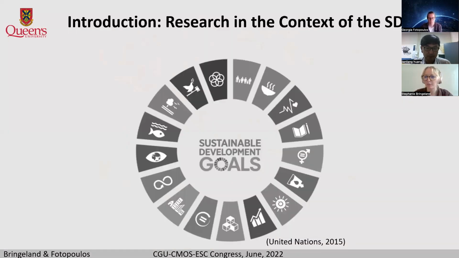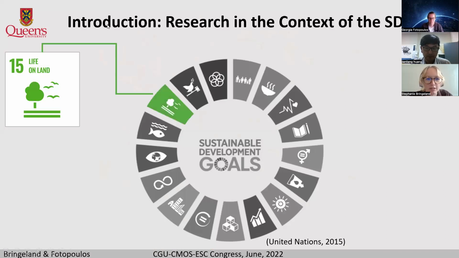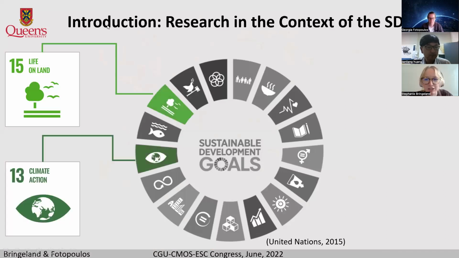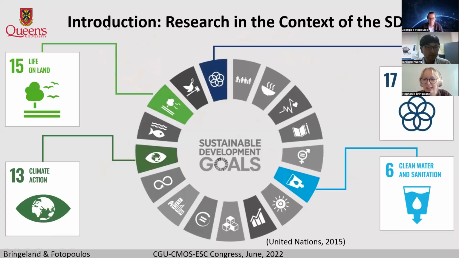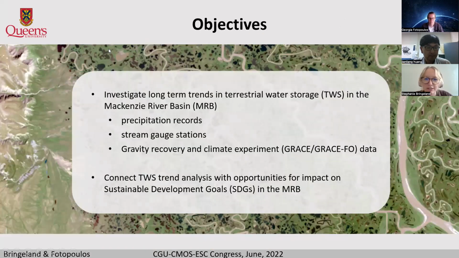So a bunch of presenters have introduced the Sustainable Development Goals. There are, of course, 17. In this presentation, I'm going to focus on 4: life on land, climate action, clean water and sanitation, and partnerships for the goals. So two main objectives I'm looking at.